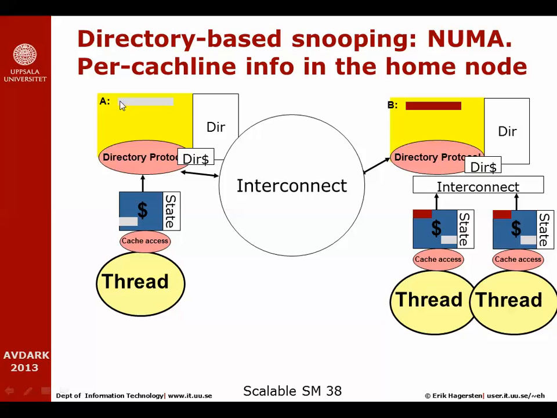So the cache line of A lives over here, cache line of B lives in this node. The directory bits that keep track of where B's cache copies reside would be in this node, and the directory structure that keeps track of A's shared copies would reside in this node. So we simply chopped up the memory based on some physical address bits and decided that half goes here and half goes here.